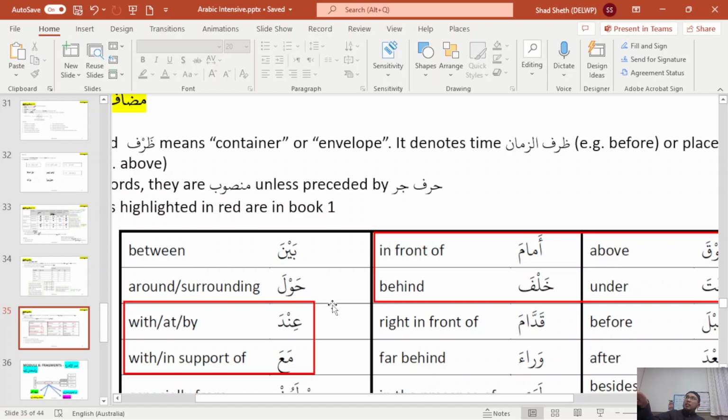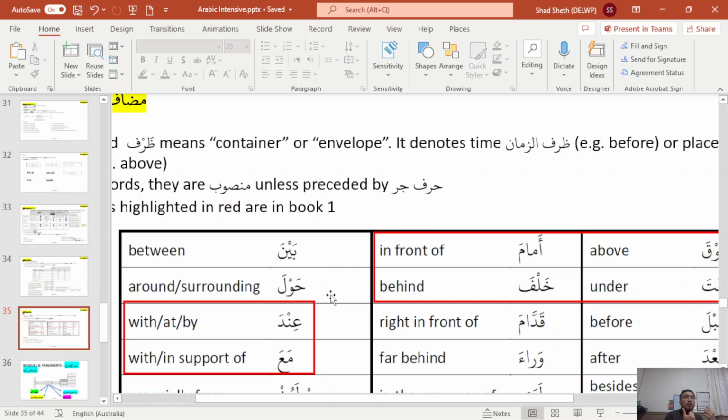Instead of saying, let's say I want to say behind the mosque as an example, how will you say that? You will say khalfa and then masjidi, because it's the same construct. So the khalfa, you can think of it as a special mudaf, and then the word after it is the mudaf ilayh, right?